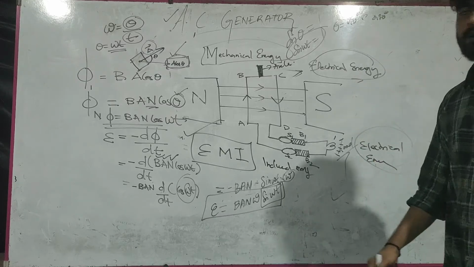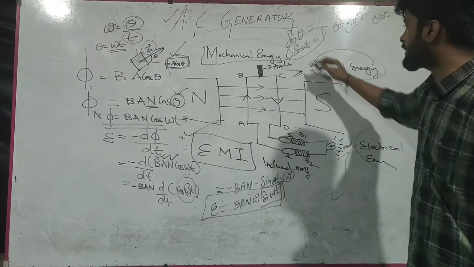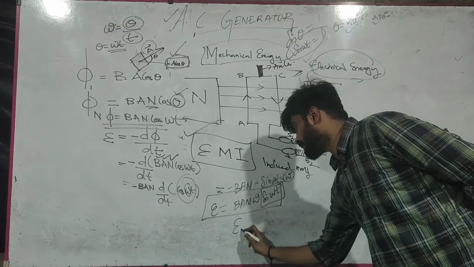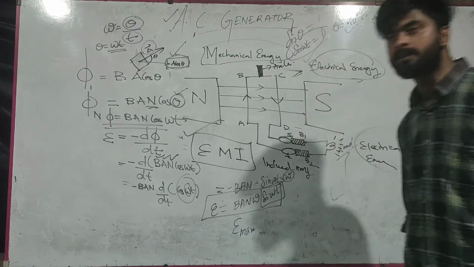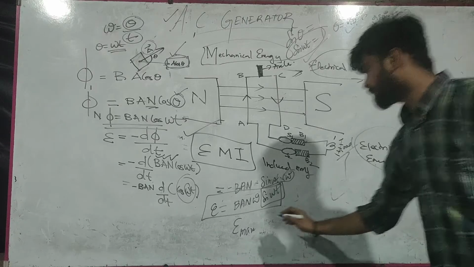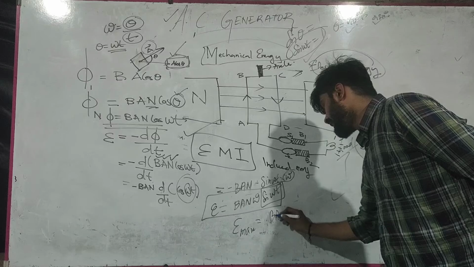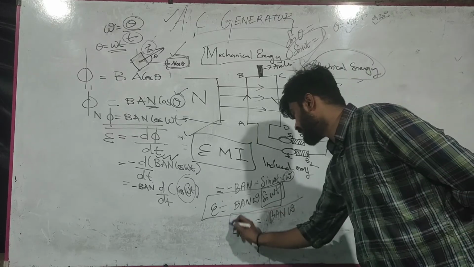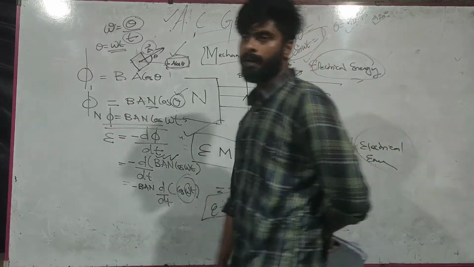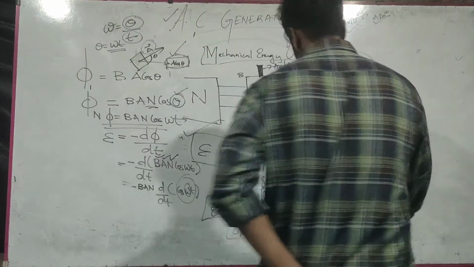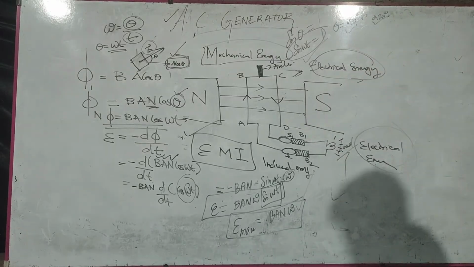So the maximum induced EMF in an AC generator becomes BAN omega, because sin omega t is 1. This is the maximum induced EMF in the AC generator.